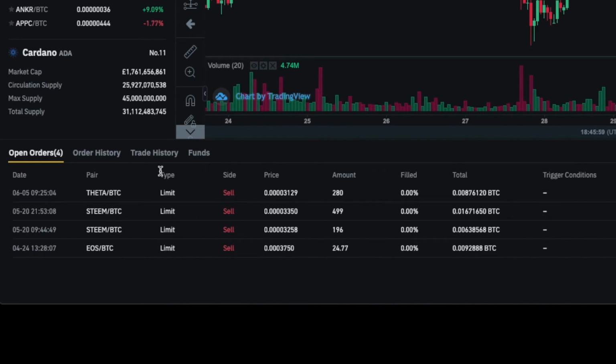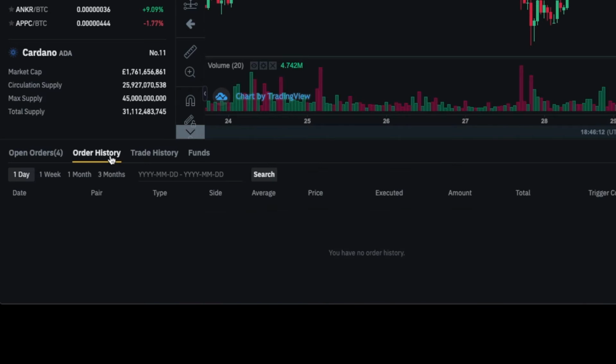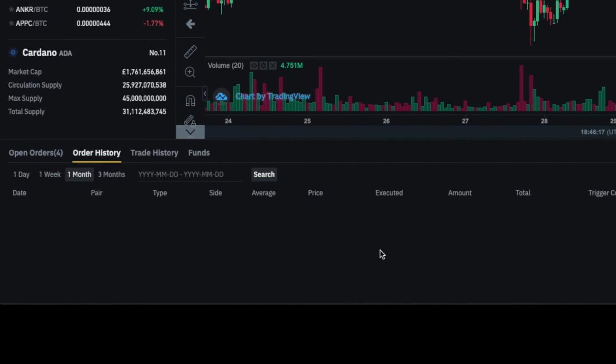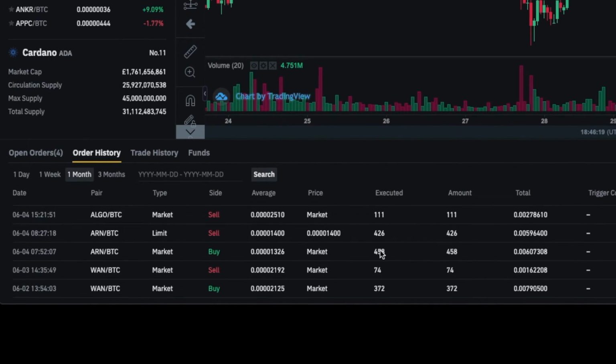I bought Theta at a particular price, and now I would like to sell it once it gets to 3129. You can come to your history and see how much trading you've done for the past month, and do with it whatever you like.